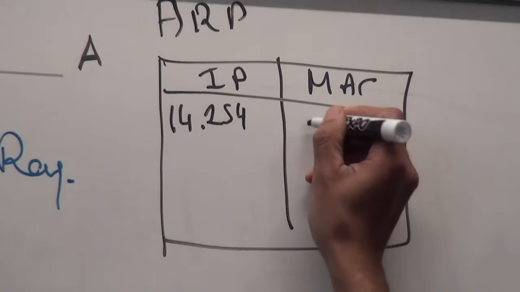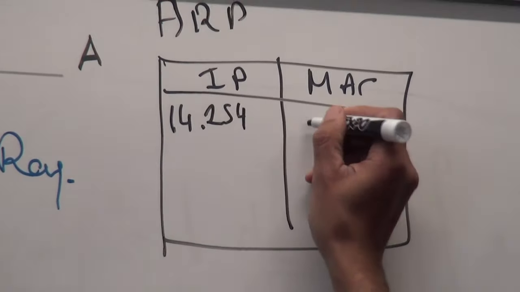Oh, by the way, will the bridge forward this? That's interesting. These requests appeared on 1 and 2. Now it's the response. So where will the response appear? Just 1.